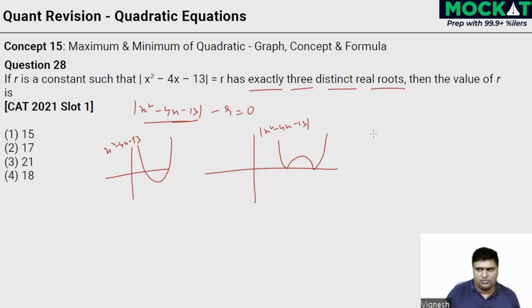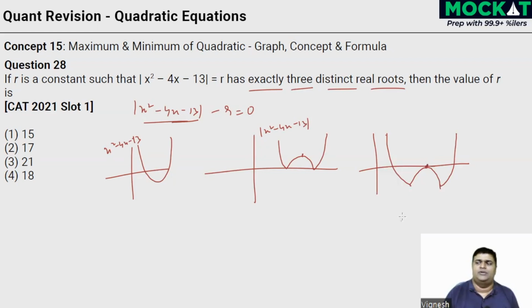It can't be 4, which means I have to keep pulling it down till I reach that point wherein just this tip is going to touch it over there. So it's going to be like this, and it's going to go up again, right?